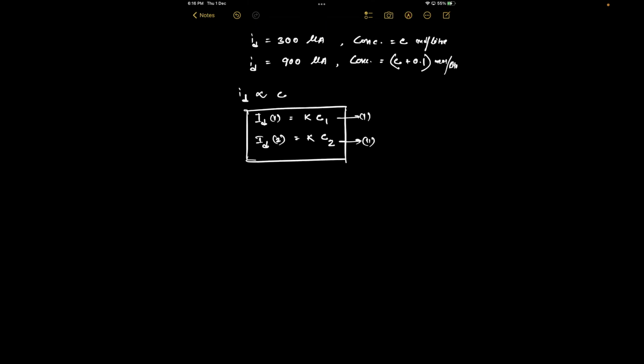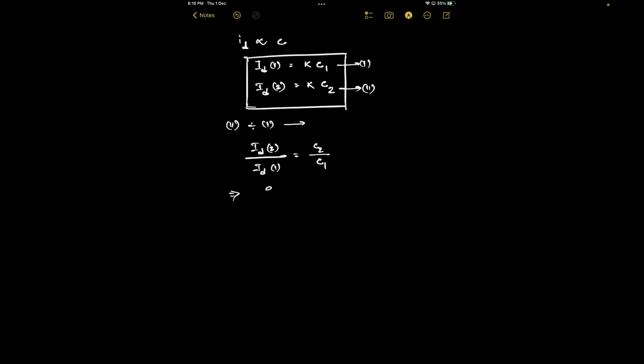Now let's divide equation 2 by equation 1. So ID2 divided by ID1 will be, K will cancel, C2 divided by C1, right?